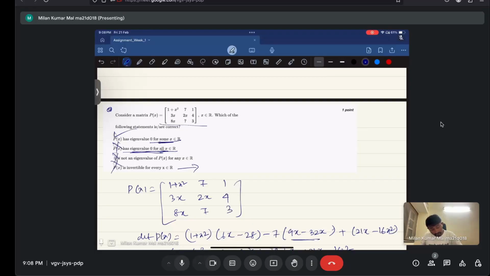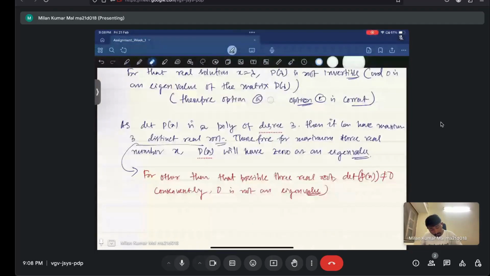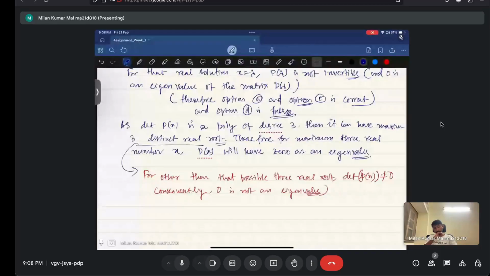and option D is false. Main point is that there exists a real number x for which determinant of px is 0, because the determinant of px is a degree 3 polynomial, so there must be a real solution, by fundamental theorem of algebra.